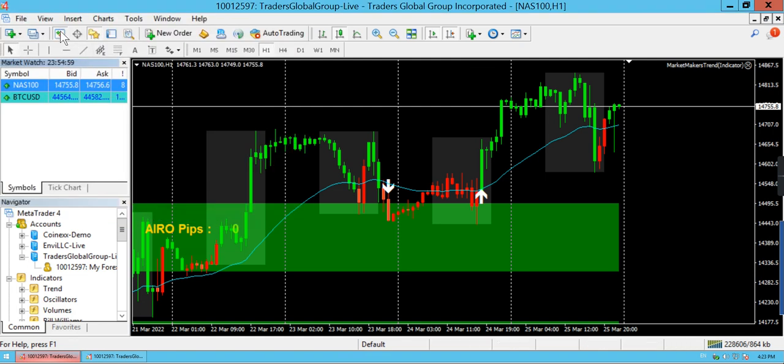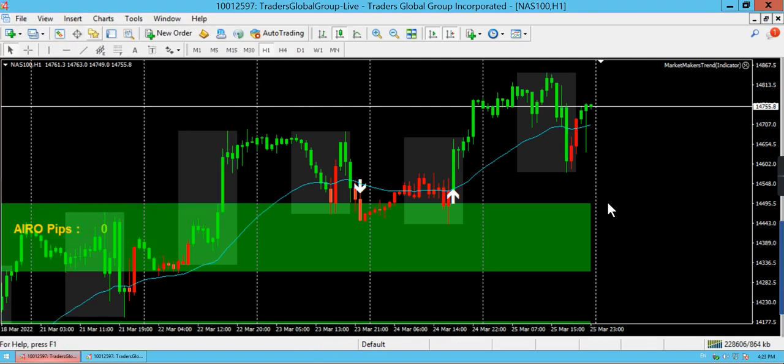All right, so that's when it'll open up. When it opens up, you'll see the market maker trend notifications telling us we're in market maker buy or sell. I believe it was way back here where it said we were in a buy from last week. So it's interesting to see if it still maintains that or if we're getting ready to turn into a sell. But either way, it's good to go.